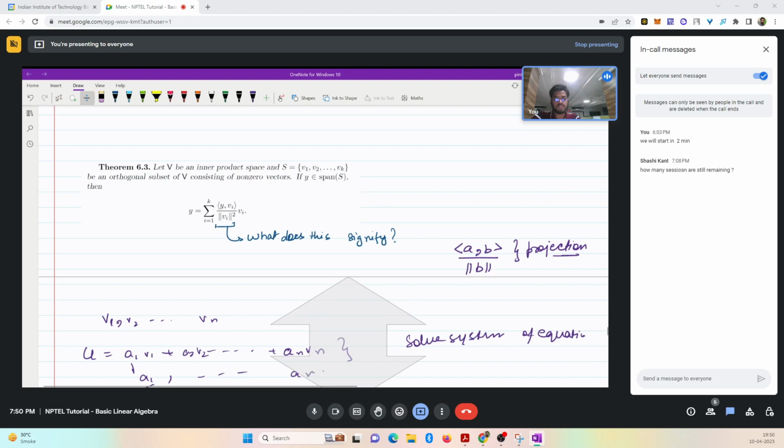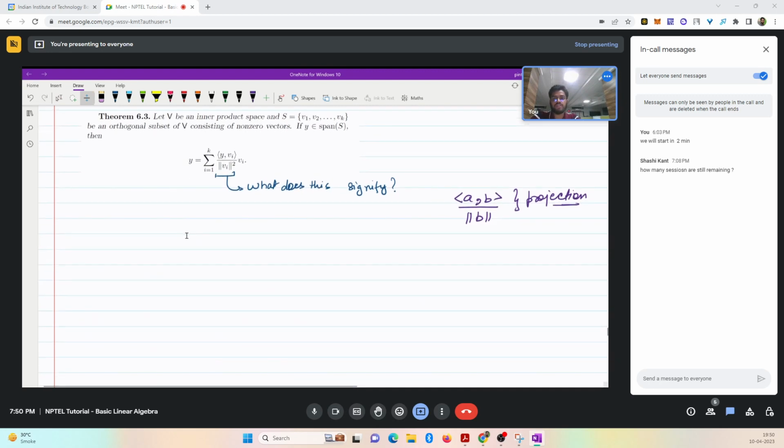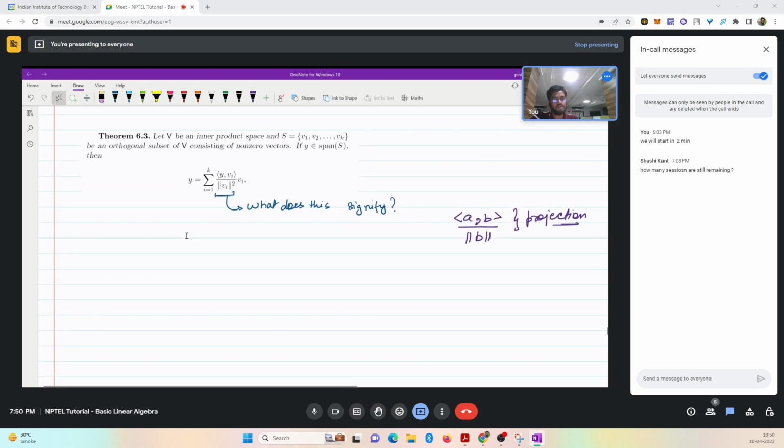What does this say? Let's say V is an inner product space, that means we have an inner product defined on it, and S is an orthogonal subset of V. Now if y belongs to the span of S, that just means we want to write y as a1 v1 and so on.